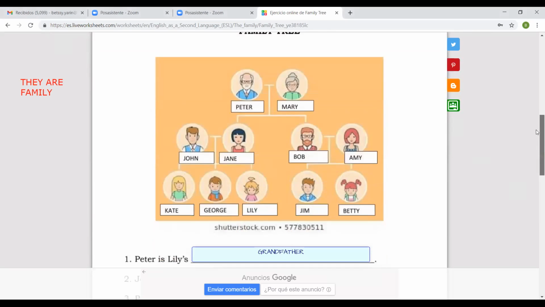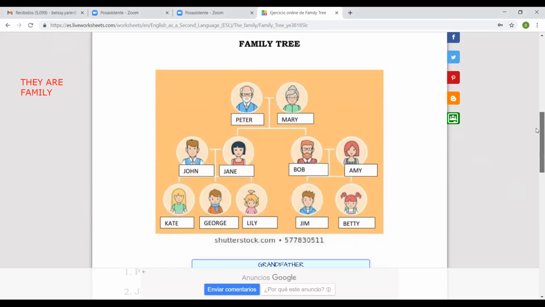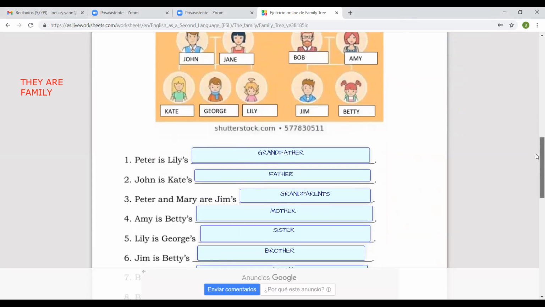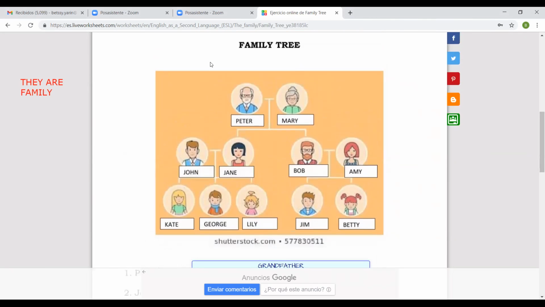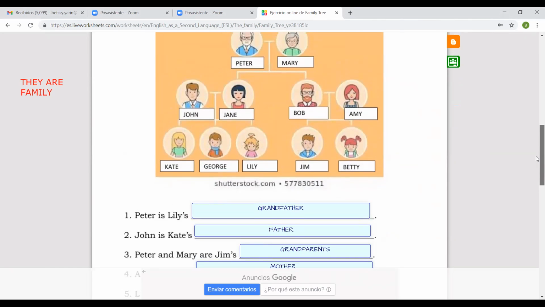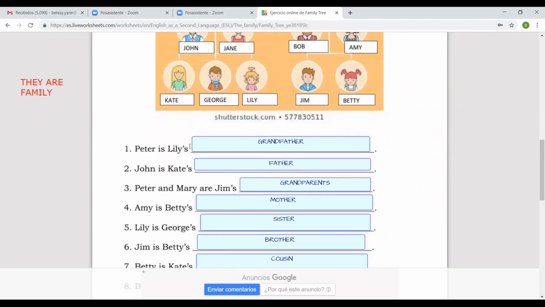Our family tree. Okay, so you have to prepare like this, maybe in PowerPoint, and put your family photos, and then in your presentation, not to write, you have to speak this.